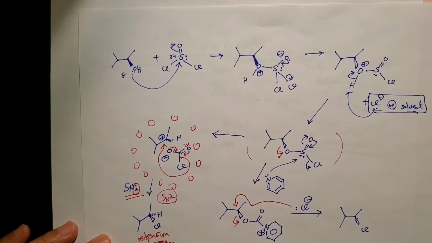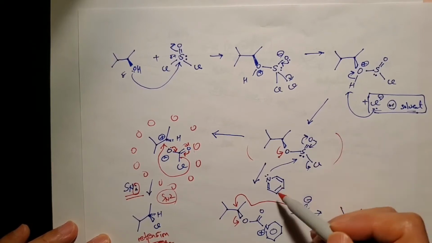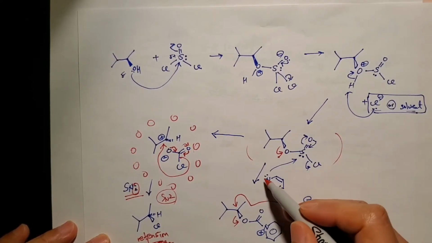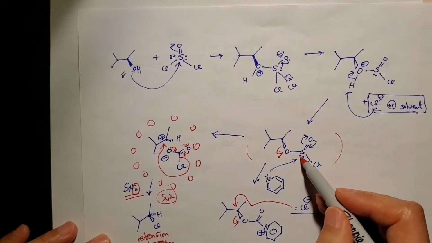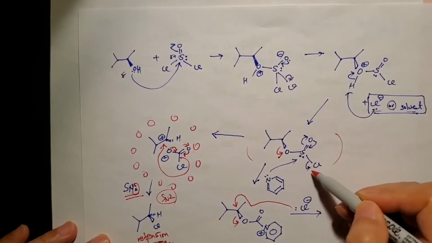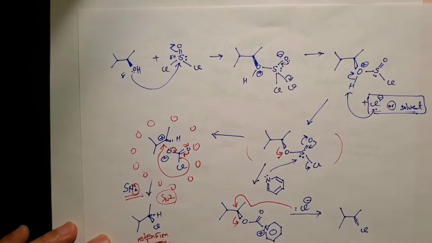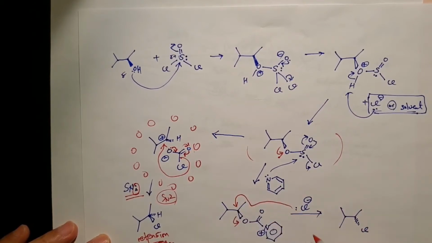So SNi, and stereochemistry is with the retention. But when you have a basic solvent, the solvent prefers attacking sulfur and breaks and reforms, kicking out the chloride, then you form this intermediate. Nitrogen is now positive. So you can see the chloride is coming around, attacking like a backside attack in SN2.